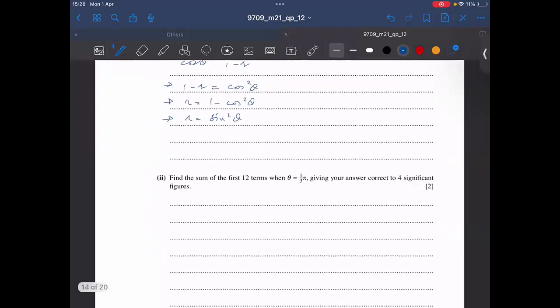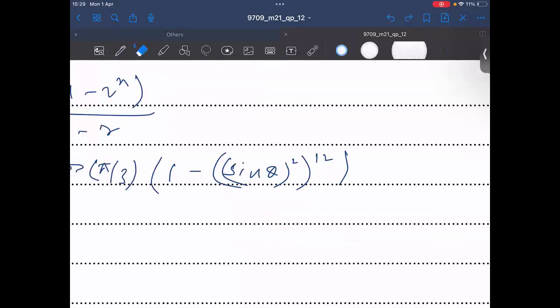Imad says find the sum of the first 12 terms when theta is pi by 3. When theta is pi by 3, S12 equals a bracket 1 minus r to the power of n, divided by 1 minus r. So first 12 terms. So a is cos of pi by 3. 1 minus r is sine theta whole squared to the power of 12, divided by, let me write down pi by 3 in place of theta.